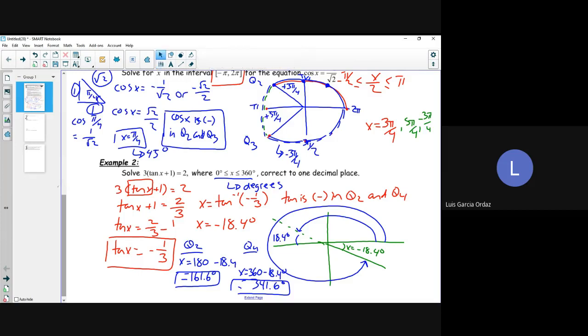So when you're solving problems that have degrees in them, make sure your calculator is in degrees and not radians.